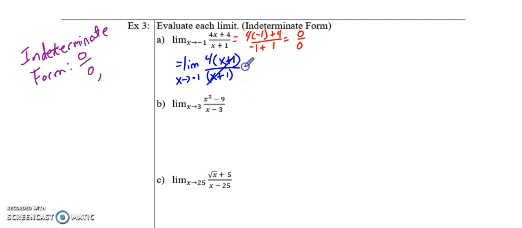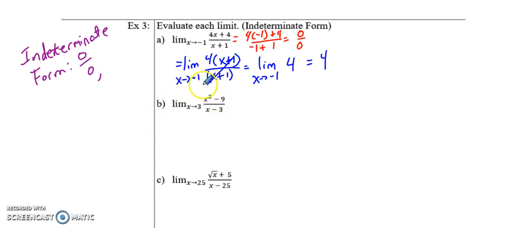Bye-bye. So the limit as x approaches -1 is 4. Done. Notice how we've seen this before. I'm going to let you ponder that for a bit and review that.